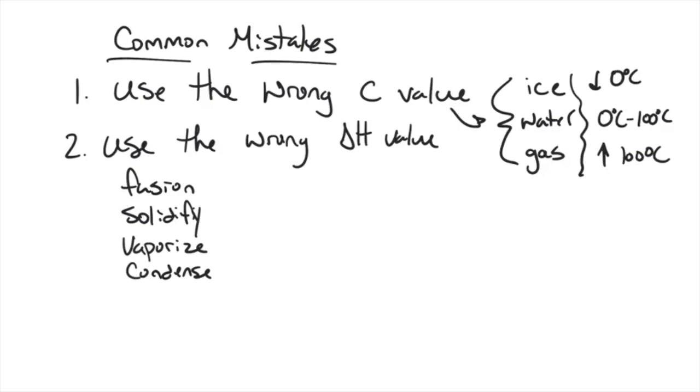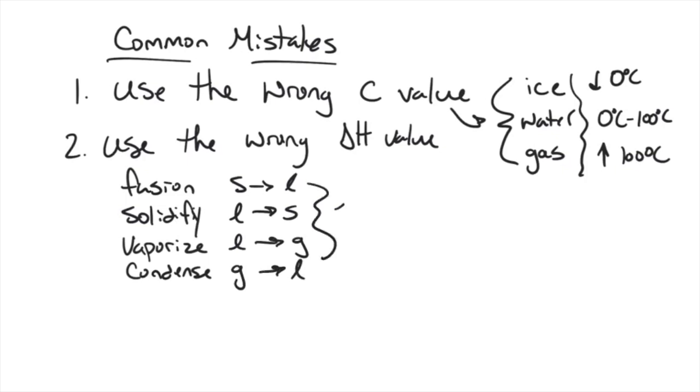If you're going to go from solid to liquid, you're going to use the heat of fusion. If you're going to go from liquid back to solid, you're going to use the solidification. Vaporization is going from liquid to gas, and finally condensation is going from gas to liquid. So pay close attention to those clues to help you determine which H value to use.